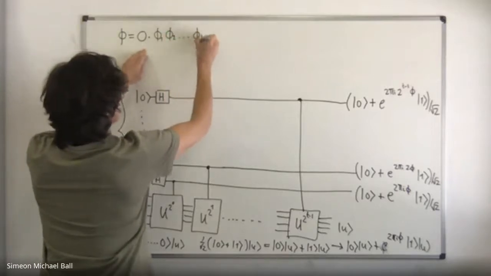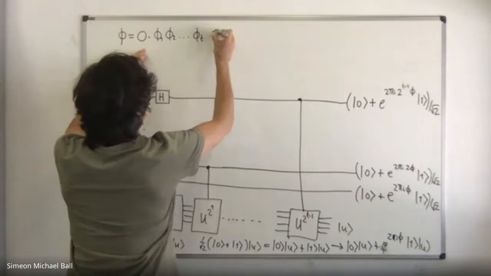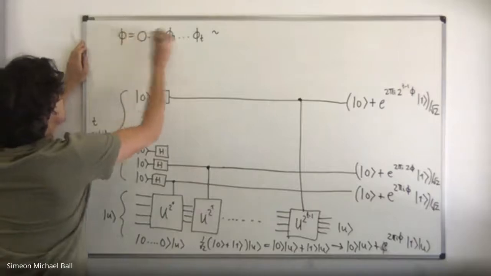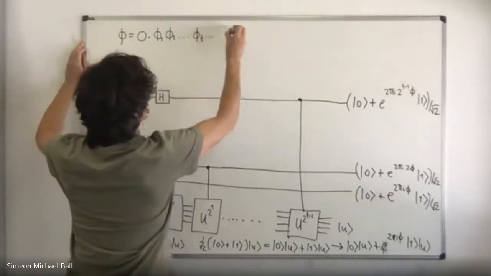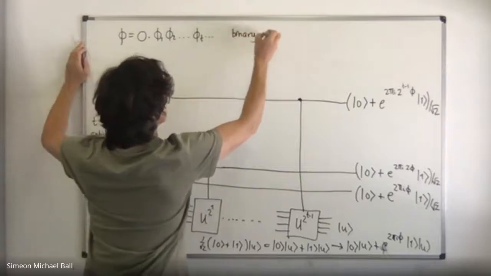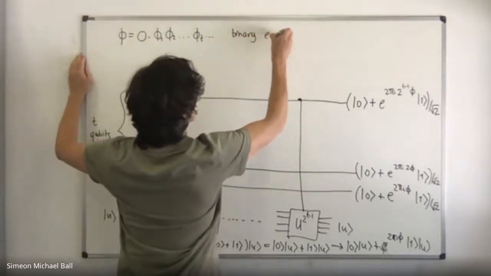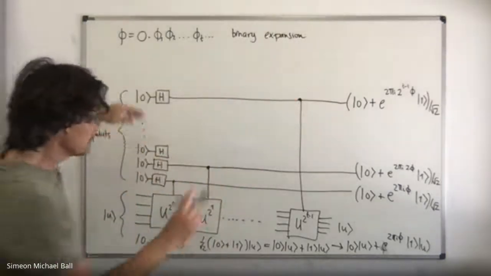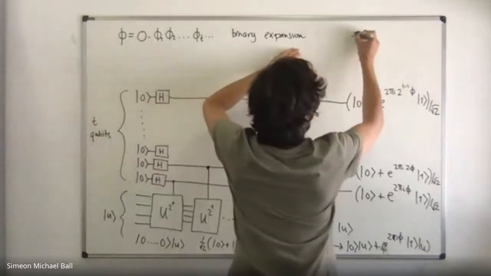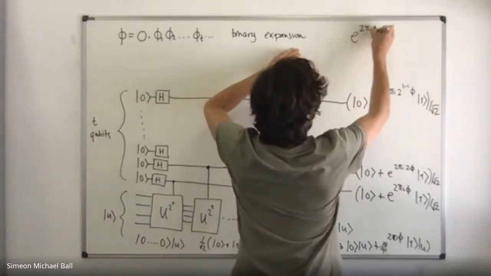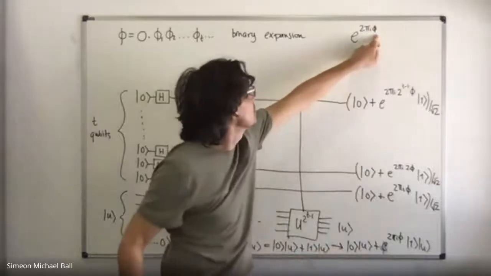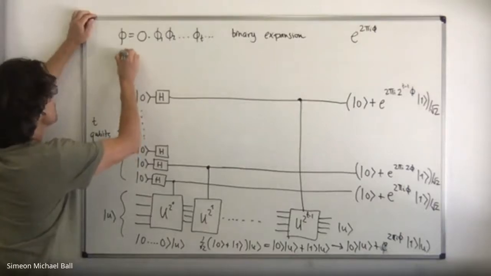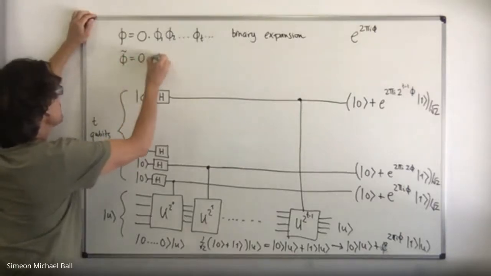So these are the binaries. This is the binary expansion. As a bit, because this would be the eigenvalue, it was e to the 2 pi i times phi. Okay, so this is some kind of number less than 1, and let's say this is the approximation to 2t bits.